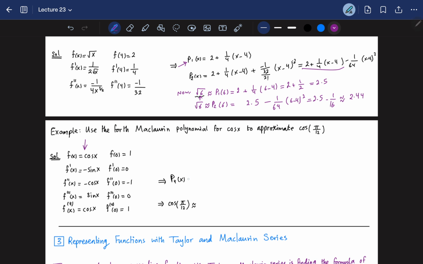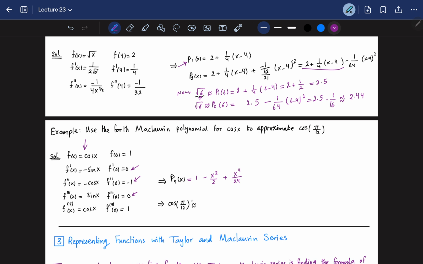And then we're going to take the fourth polynomial, and that would be f of 0, which is 1. Then the first derivative is 0, so there is no term there. Then the second derivative is negative 1, so that's negative x squared over 2. Third is 0, so it disappears, and then plus x to the 4th over 4 factorial, which is 24.